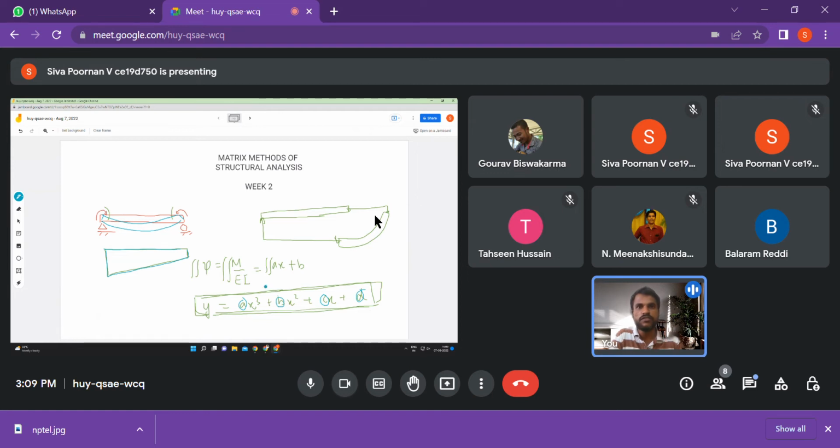So the question of whether the end rotations are sufficient to predict the complete profile of the beam is true only when the loads are applied only to the ends. If you have moments or forces applied only at the ends of a beam, then yes, we can predict the complete profile just using the nodal rotations. If not, then we cannot. So in the stiffness method, we will actually see what we should do when we have an intermediate load.